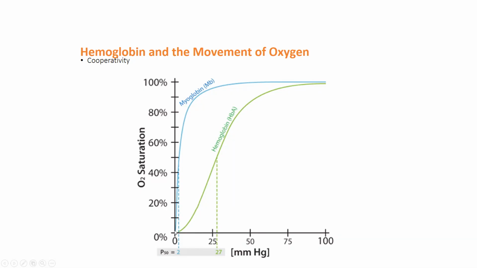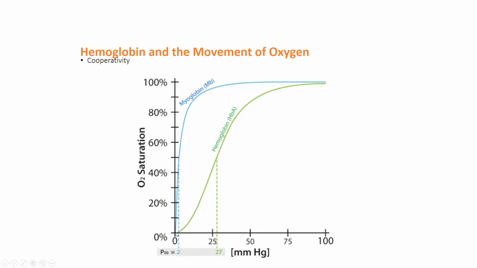And hemoglobin will only be like 5% saturated with oxygen. And now it's going to become like a T state because it let go of 95. So you see, this represents the tissue. The more oxygen the tissue has, the more oxygen the hemoglobin has because it doesn't need to give it. The less oxygen the tissue has, the less oxygen hemoglobin will have because it's going to give it to the tissue.